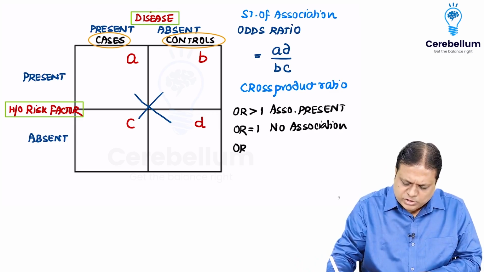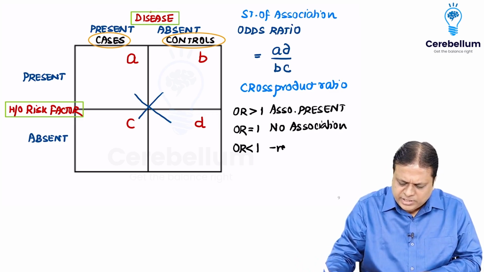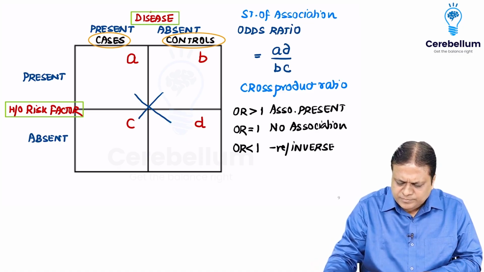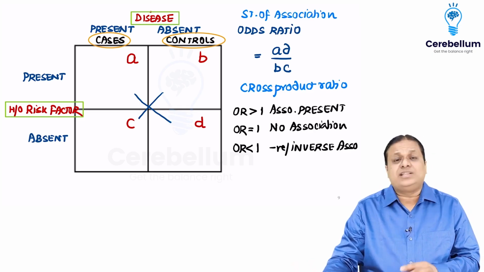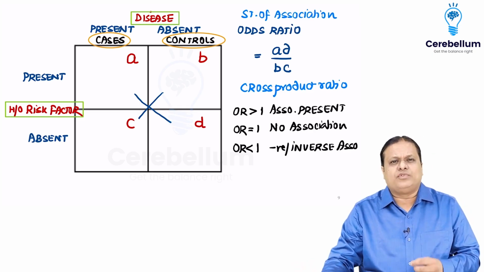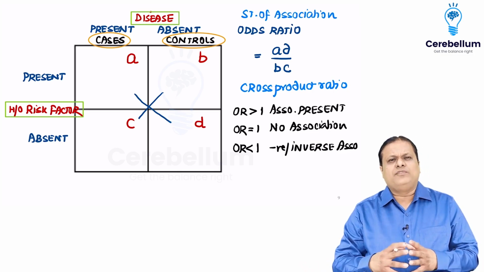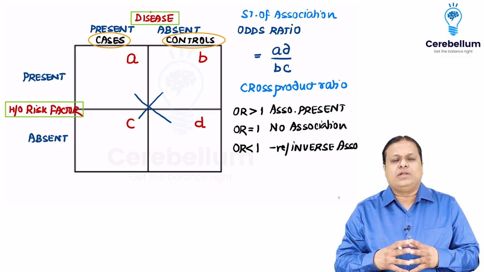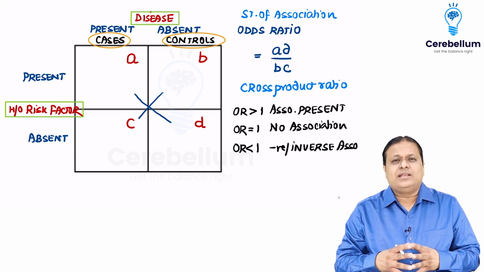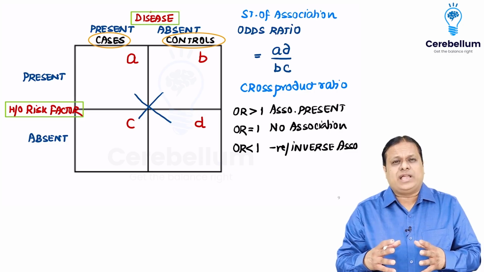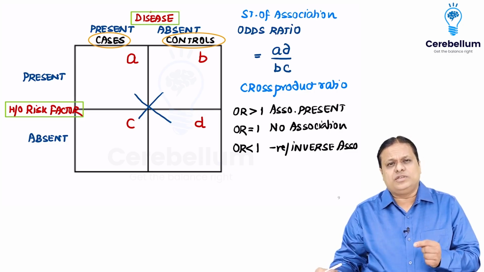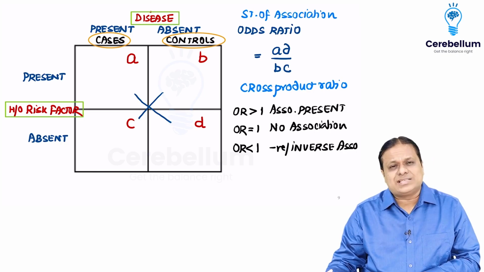And if odds ratio comes less than 1, this is negative or inverse association. Risk factor is in fact beneficial or protective for the disease in question. Now, if odds ratio in a study comes 21, what does it mean? That lung cancer cases have 21 times higher odds or chances of giving a history of smoking as compared to healthy people or controls in the past.